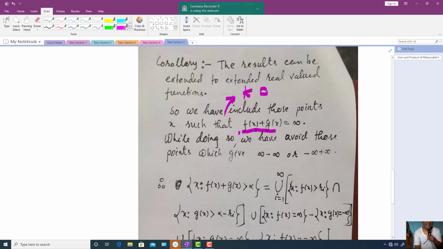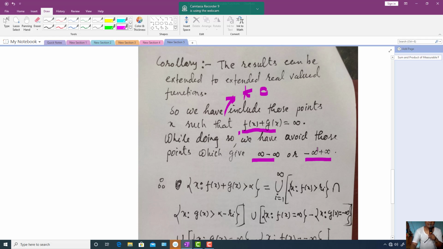So we have to exclude the points where minus infinity plus infinity, or infinity minus infinity happens. Those situations we have to avoid.